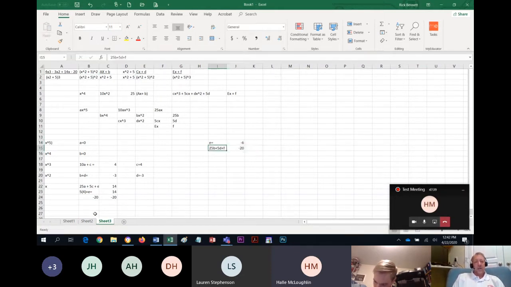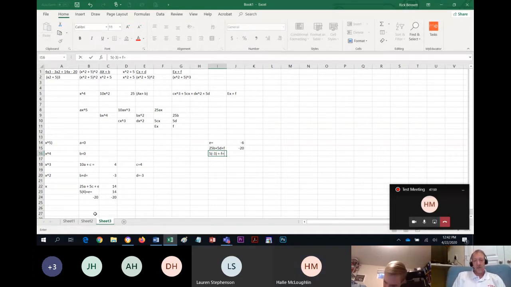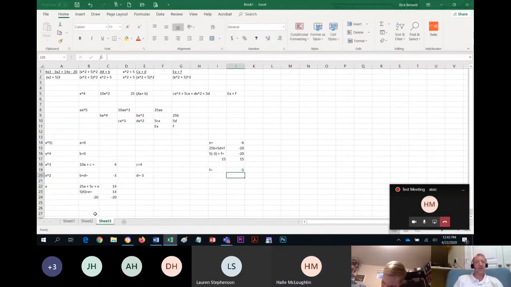Okay, so b is 0, d is -3, so 5 times -3 plus f equals -20. So I'm going to add 15 to both sides. In this case, f equals -5. See, that one wasn't near as bad as it looked like, right?